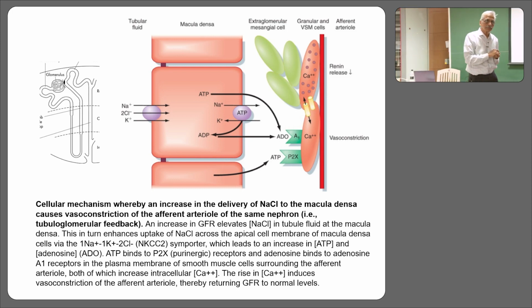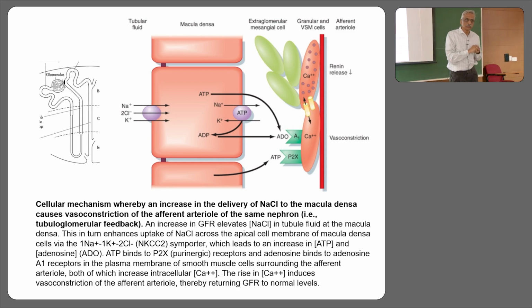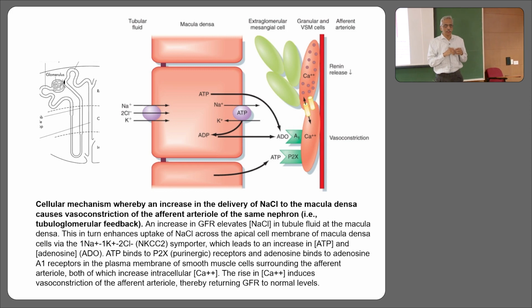Yeah, please. After the smooth muscle contracts in the afferent arteriole, the rate of blood flow through the afferent arteriole reduces. How does that also reduce the GFR? I'll ask you one question. Supposing the afferent arteriole had not constricted, what would happen?